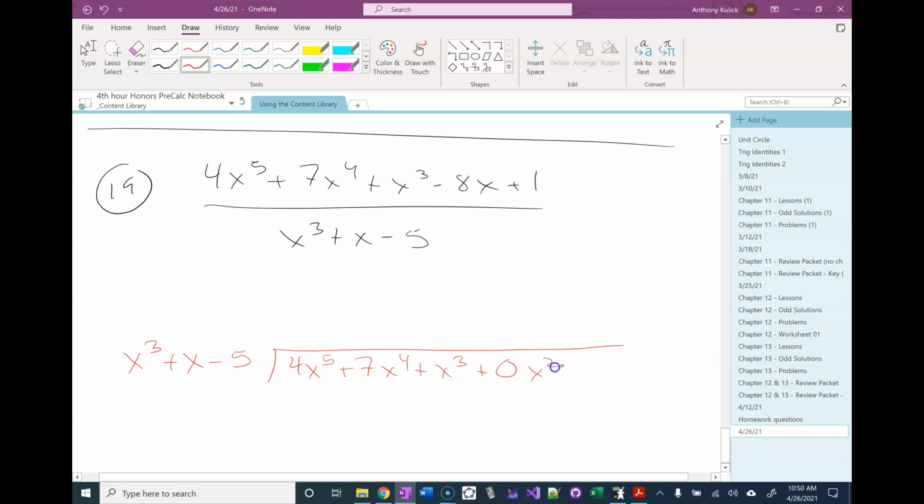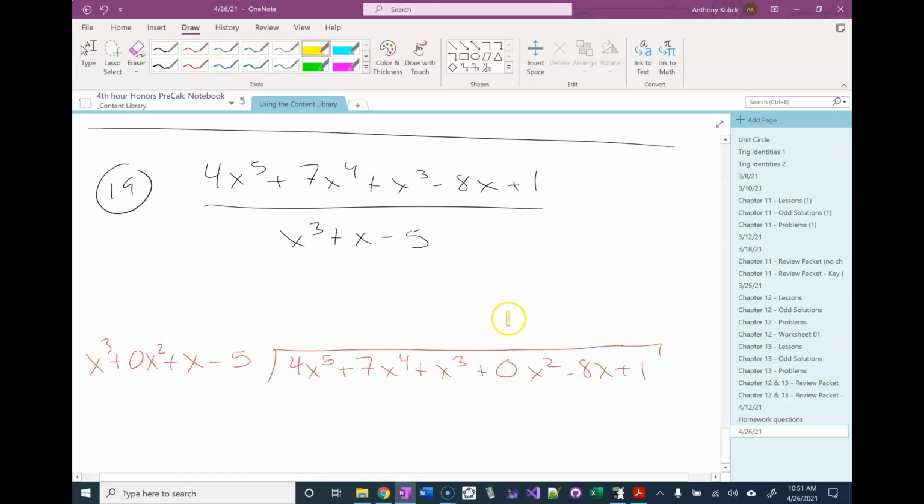Notice that I don't have an x squared term, so I'm going to put a 0x squared in there, and a 0x squared here too. Even though I have a lot of terms in my divisor, it doesn't make this problem any more difficult. I'm still going to start it the same way.